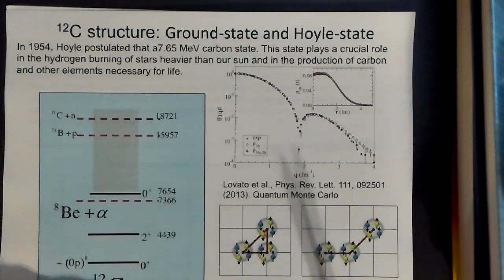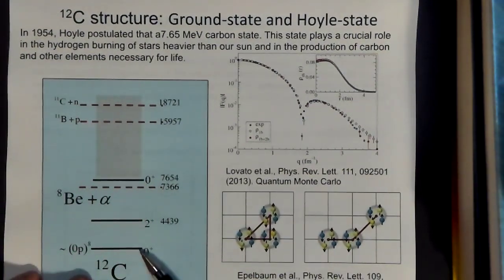Here's a calculation of the various energies, the ground state and excited states of carbon-12, and the Hoyle state is this 0+ state, just above the beryllium-8 plus alpha threshold.